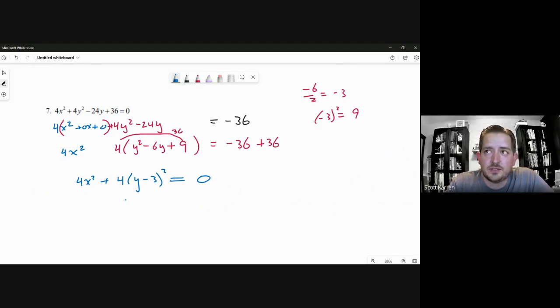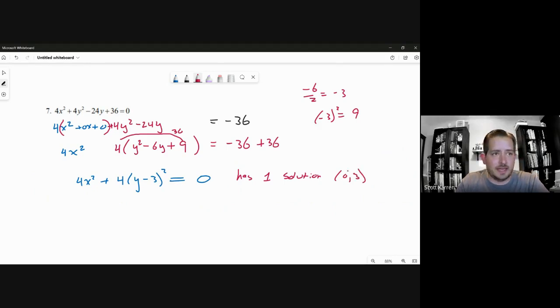This is still a circle, but it's a stupid one. What it really is, is a degenerate circle, a degenerate conic section where there's only one point that solves this, right? And that point is when x is 0 and y is 3.